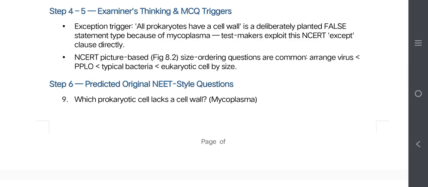You can see the NCERT figure 8.2. Size-order questions are common: arrange virus less than PPLO, less than typical bacteria, less than eukaryotic cell.